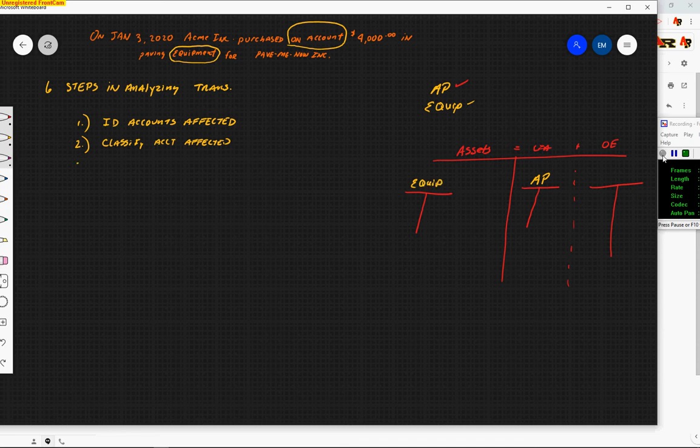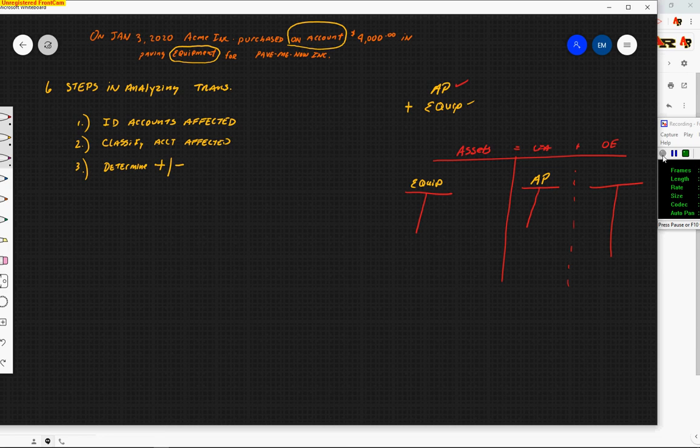Right now, step number 3. Determine the increases and decreases. Okay. I'll even take a nice clean abbreviation for this. Well, we know we have more equipment, right?